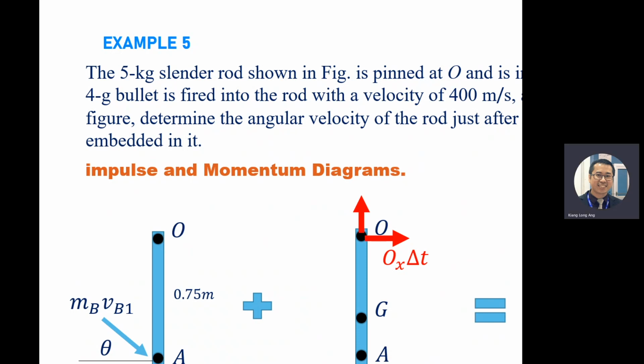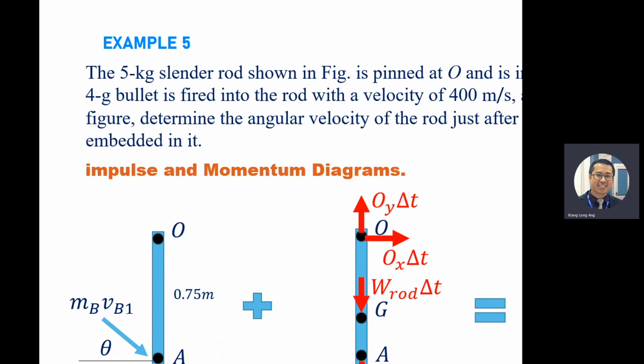So don't make these mistakes in the coming test and final exam. Once you have your center of mass, include the omega, include the weight, which is W. But since you are drawing impulse, all the force multiplied by time will give you impulse. So that's why you see forces multiplied by time.